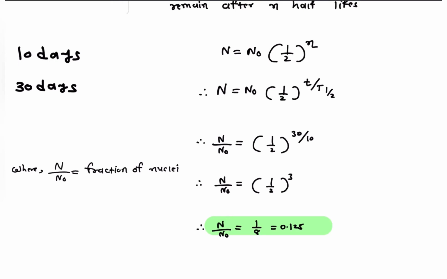N is the number of active nuclei remaining after time T, and N naught is the number of undecayed nuclei at T equal to 0. Initially the number of active nuclei is N naught, and after time T the number of undecayed nuclei is N.